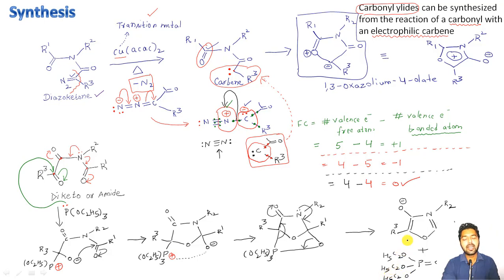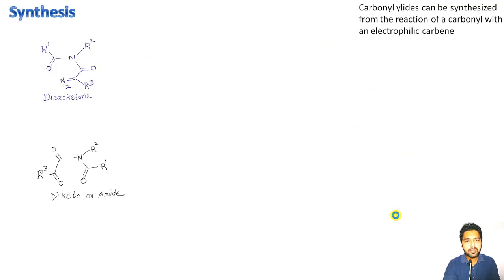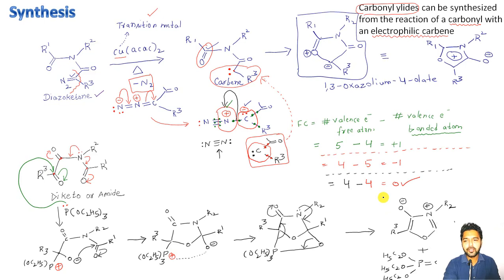And now this nitrogen definitely will be having a positive charge, and it is my 1,3-oxazolium 4-olate. That is the very first type A mesoionic heterocyclic molecule.